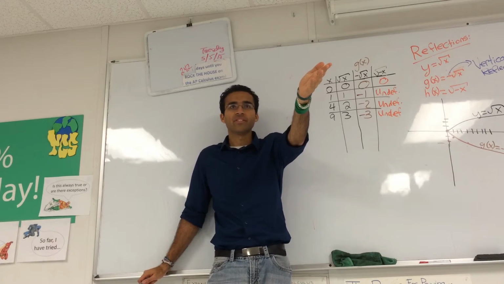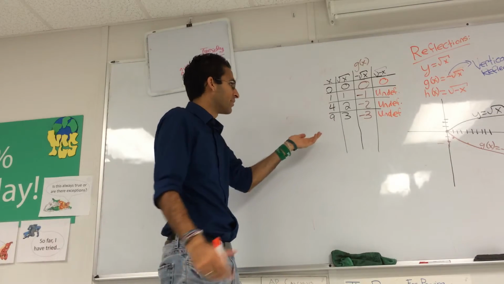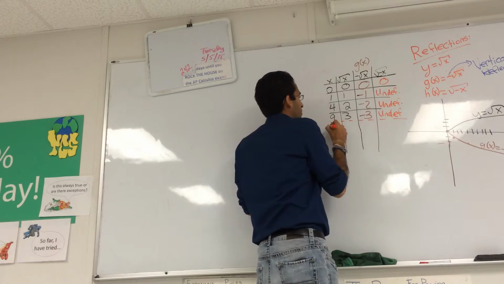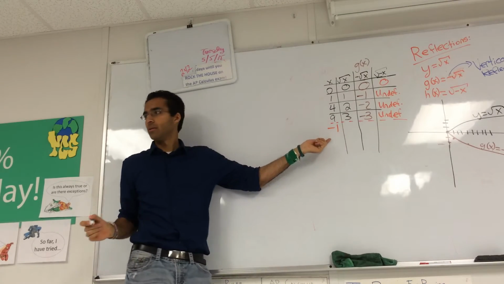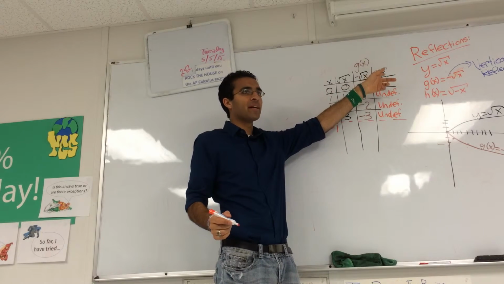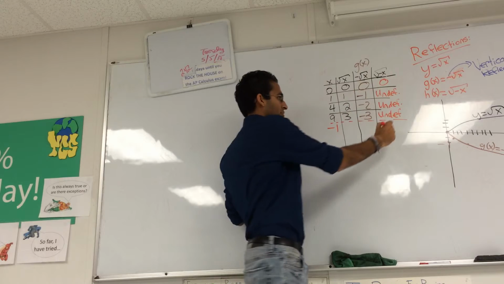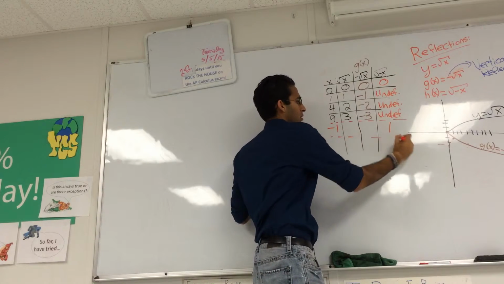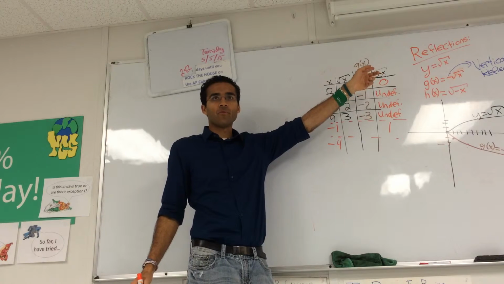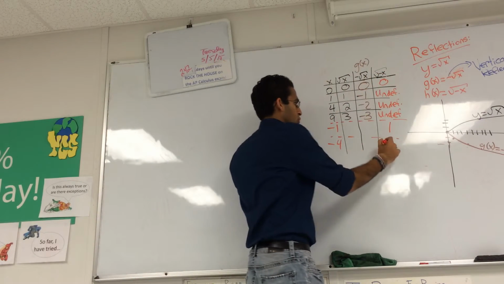Yeah, this is a much easier solution, right? Just plug in negative x's. If I plug in -1, then life is very easy. -1 times negative is +1. Square root of +1 is 1. If I plug in -4, -4 times -1 is 4. Square root of 4 is 2.